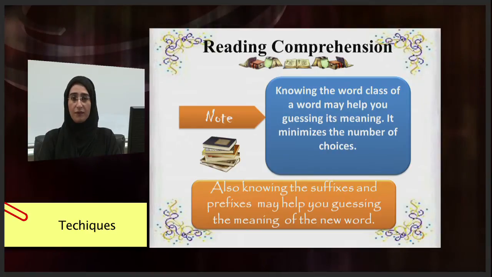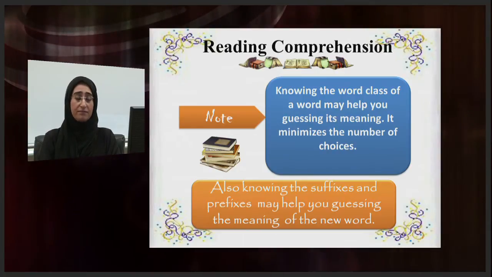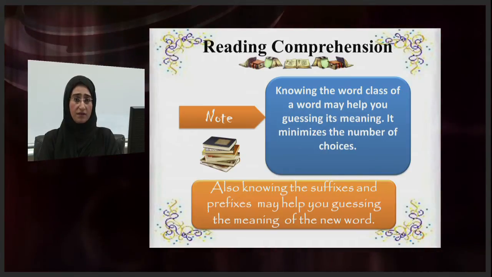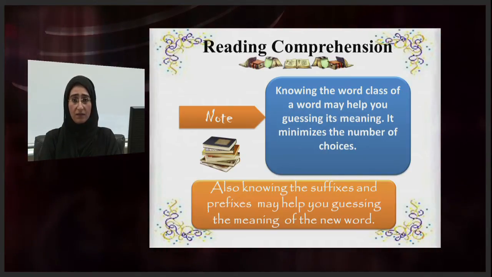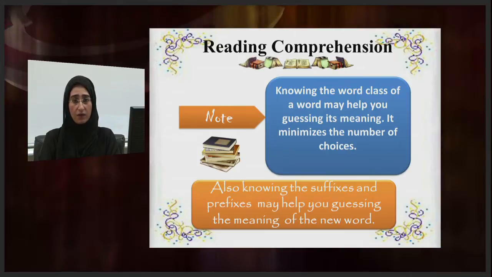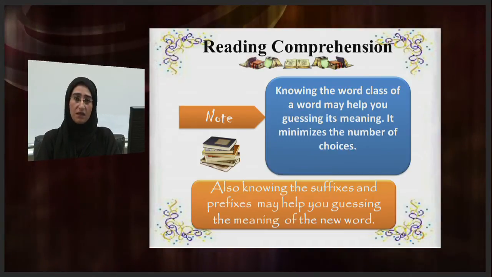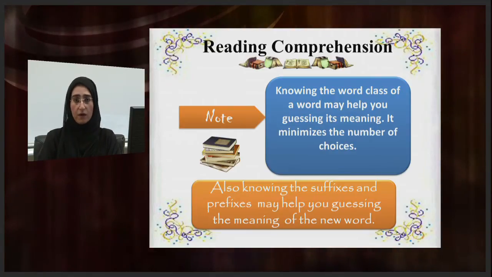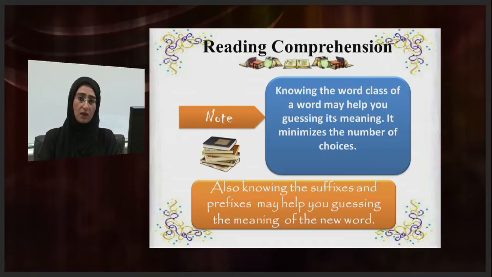Also we have prefixes. Prefixes are letters that we add at the beginning of the word to change the meaning of the word. Like for example, we have unhappy. The word happy, the opposite is what?